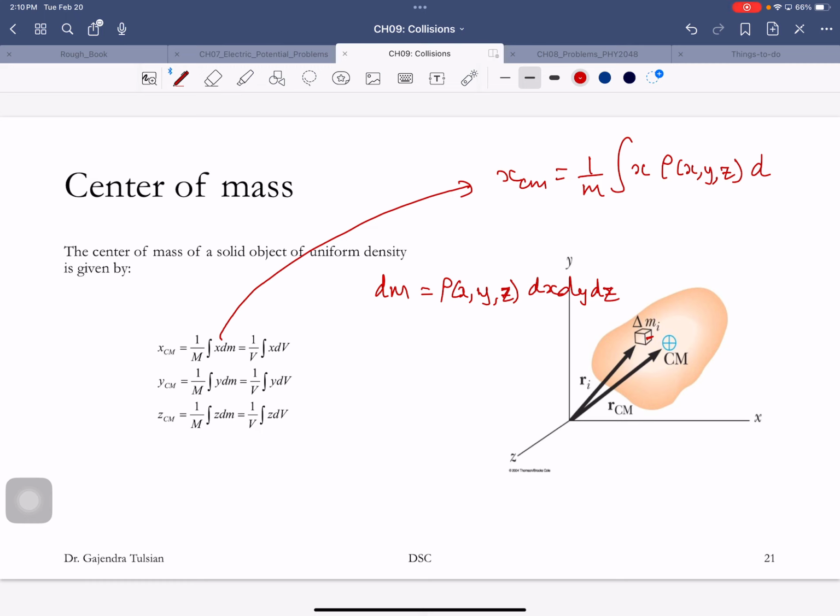So to calculate x and y coordinates, it's the density at a location, dx, dy, dz. So you would be doing those triple integrals. But this kind of stuff can be useful enough where they do these triple integrals for you.